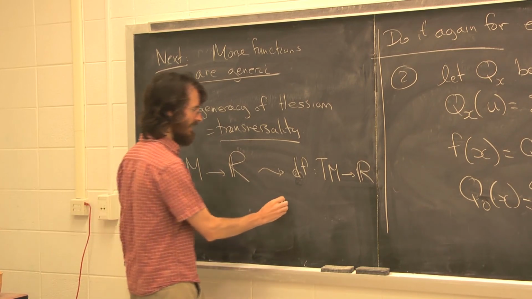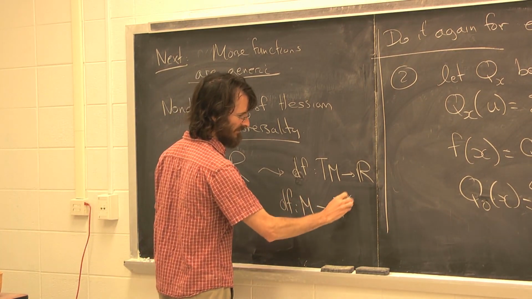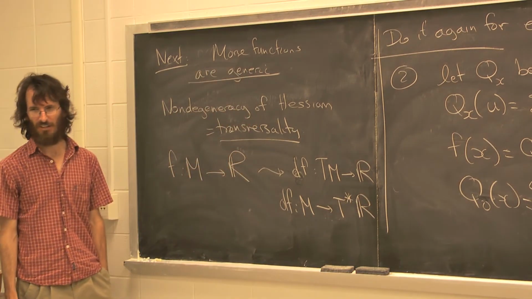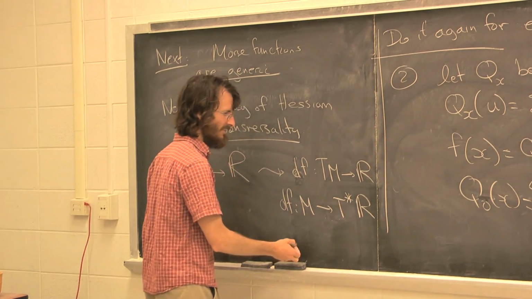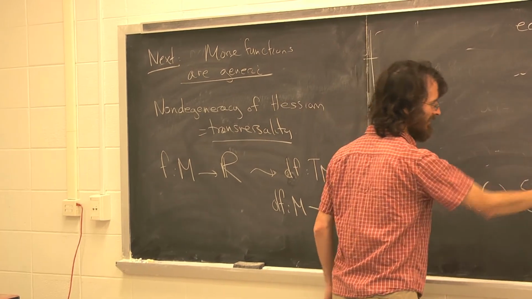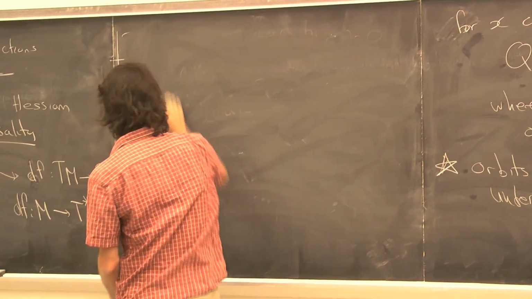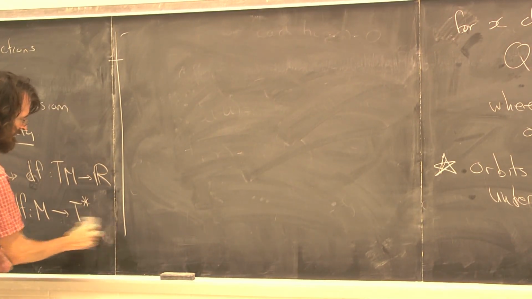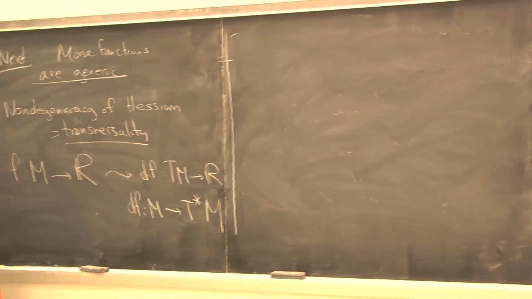Or you can think of df as a function from M to the cotangent bundle. And thought of that way, you can think of the graph of df as sitting inside the cotangent bundle.